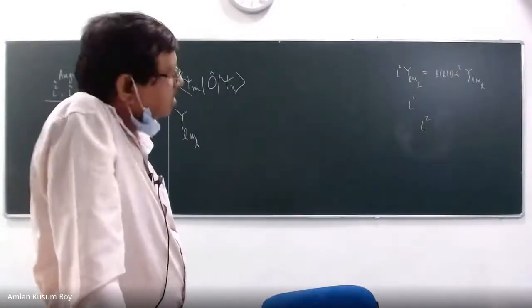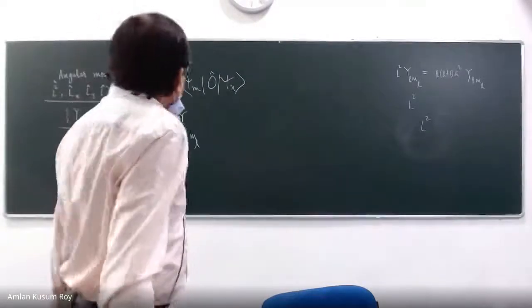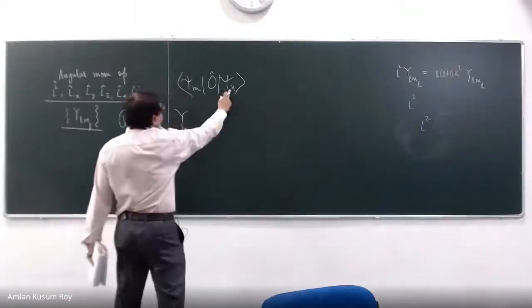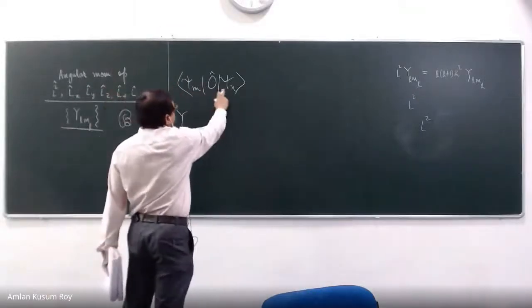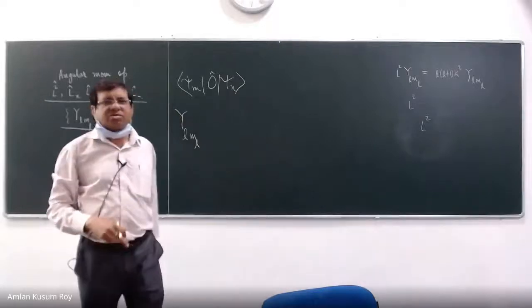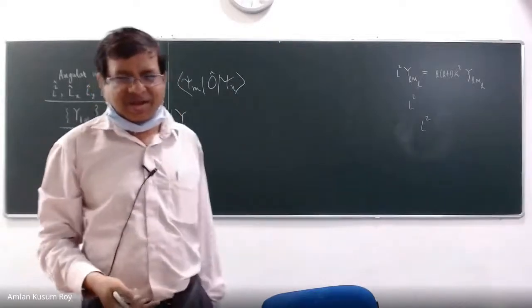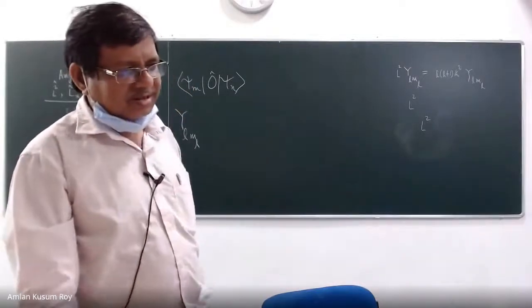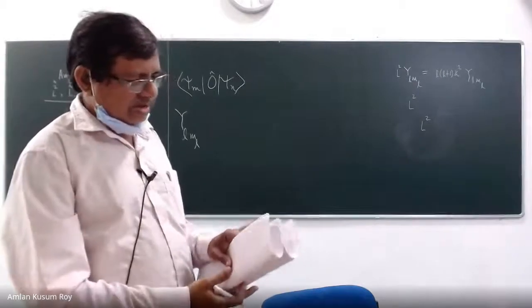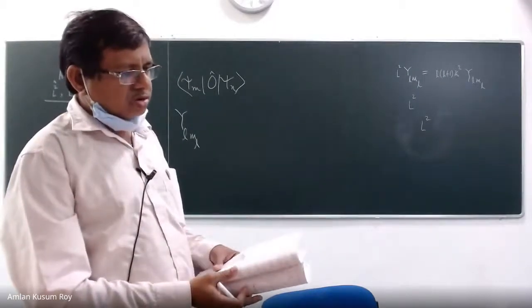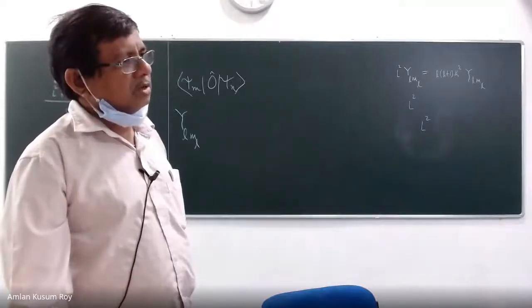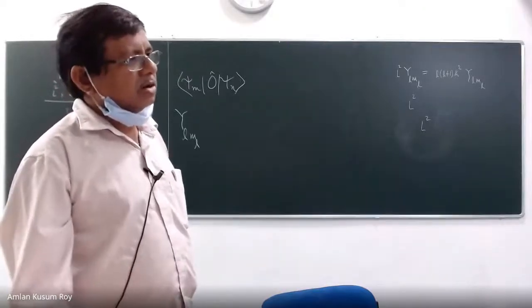Adrija got stuck and she said psi m L square psi n. So I asked what is psi m? Can you help now? Is it understood, Surbi? Yes, sir. So what do you think? Even if you cannot say it, just try.